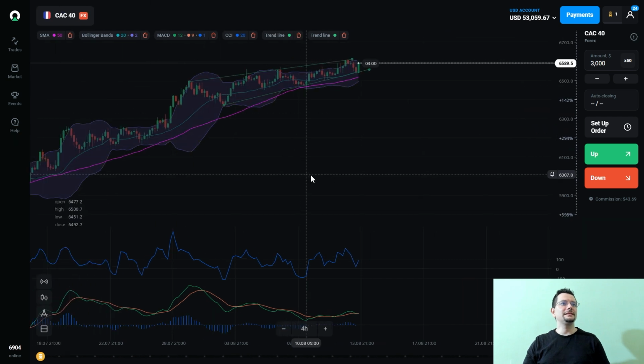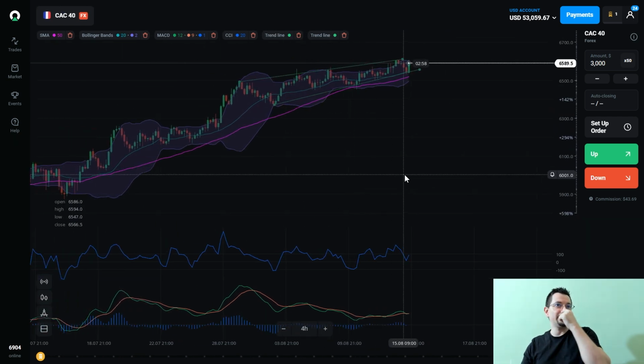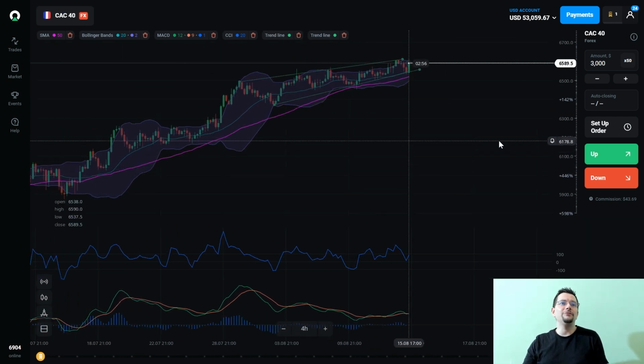So this is what I mean by a flag pattern. And at what level would you get out? When would you say that enough is enough? Would you leave at this level where we currently are, at this bottom level, maybe somewhere around here, or this level here, right?